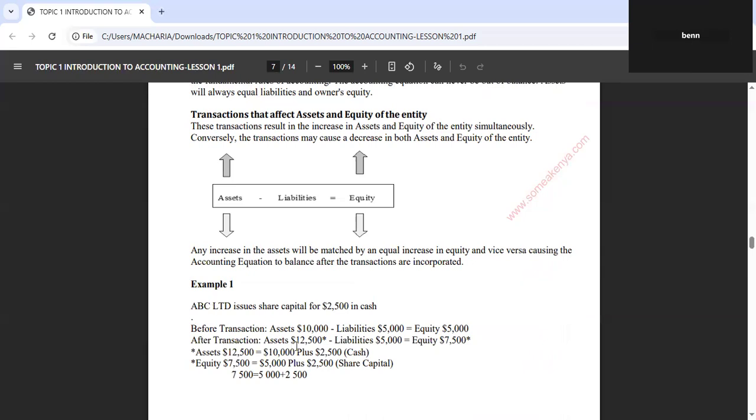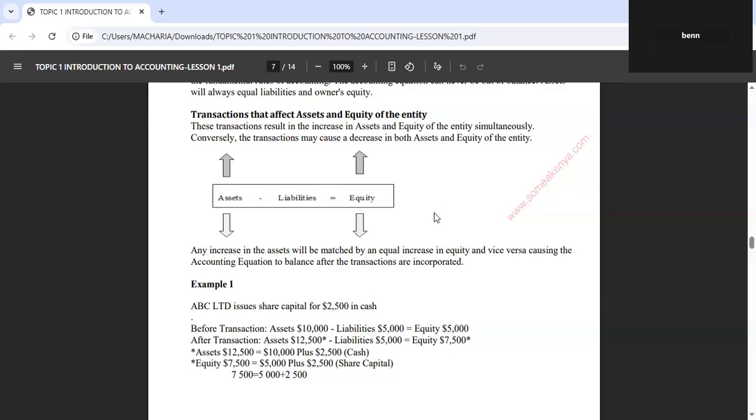Before the transaction, assets minus liability. Before you make this transaction, you had total assets of 10,000 and liabilities of 5,000. So equity becomes... why am I saying this? If you come to the accounting equation, we said assets equal equity plus liability.